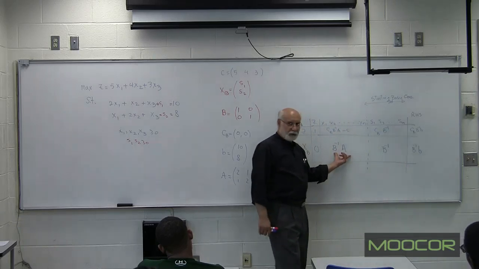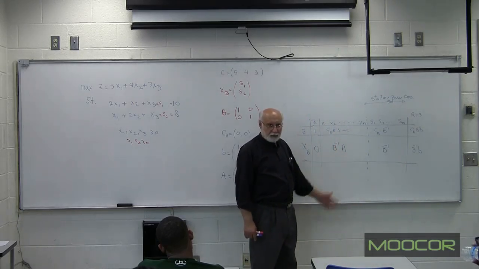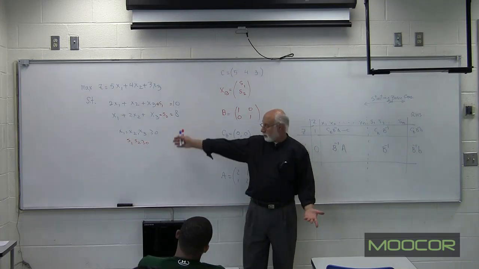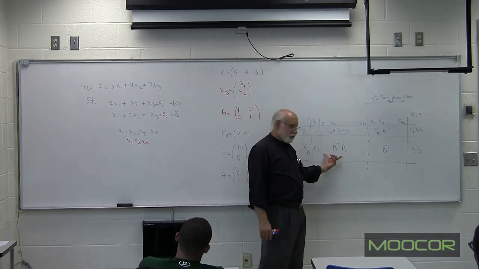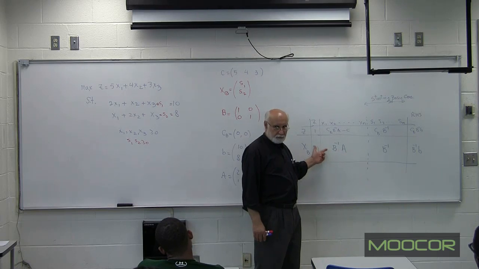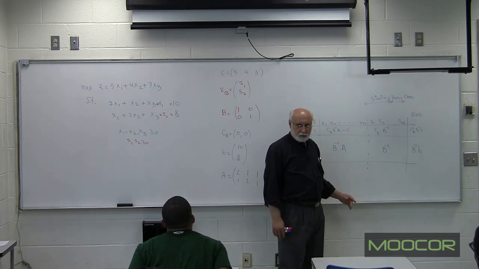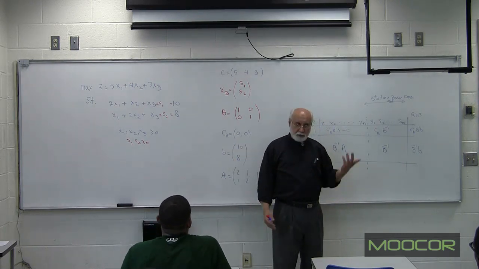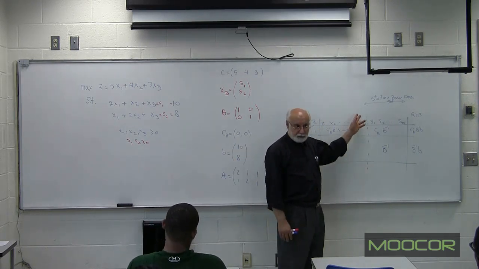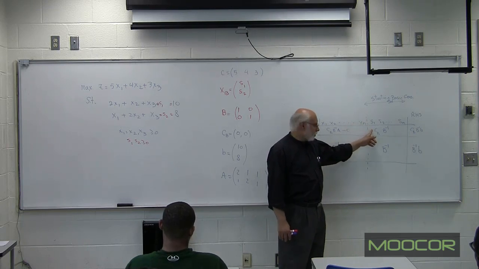What would this be? Identity multiplied by A. So it would be the same as your A. What is CB B inverse? CB is 0, 0 multiplied by B inverse is going to be 0, 0.